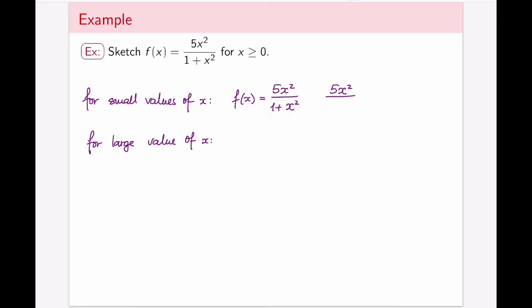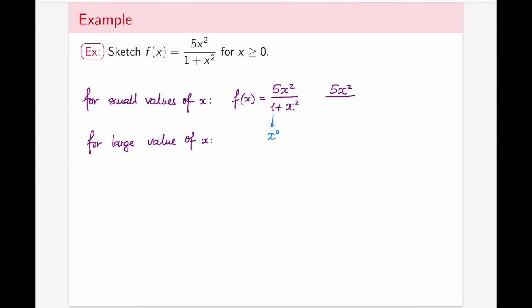Now, the key here is to realize that this 1 can actually be thought of as x to power 0, which rewritten as a power of x makes it easier to see the comparison between the two powers. So remember that for small values of x, small powers of x dominate. So between x to power 0 and x squared, x to power 0 is the smaller power of x, so it will dominate the denominator.